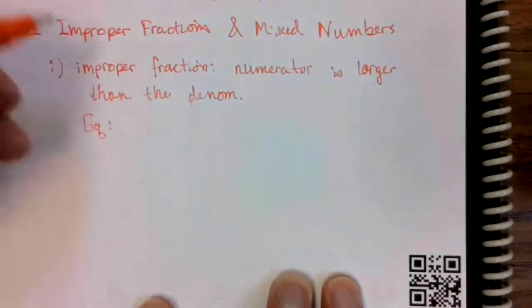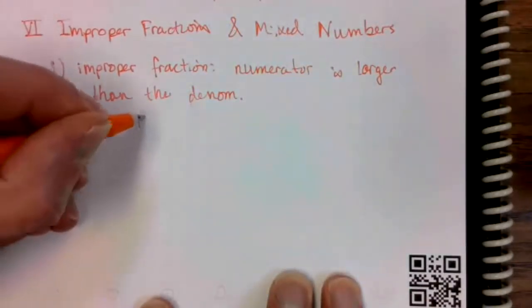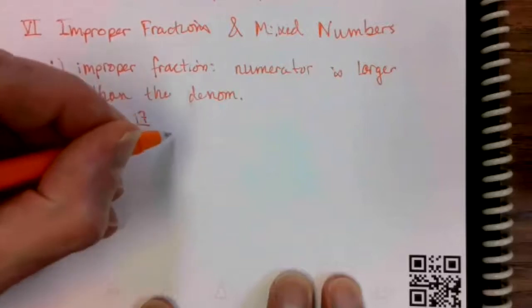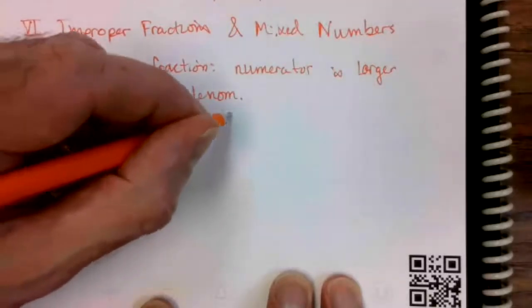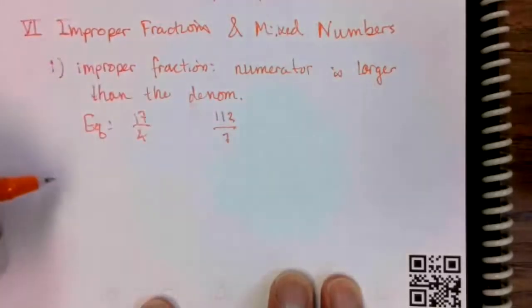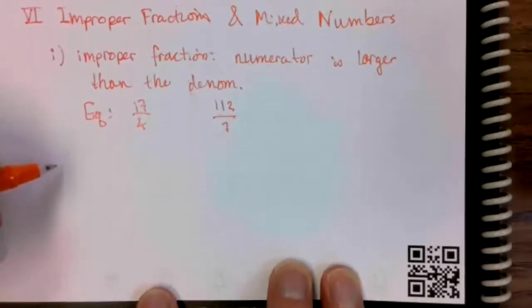Okay, so for example, stuff like 17 over 4, that's an improper fraction. 112 over 7, that's an improper fraction.